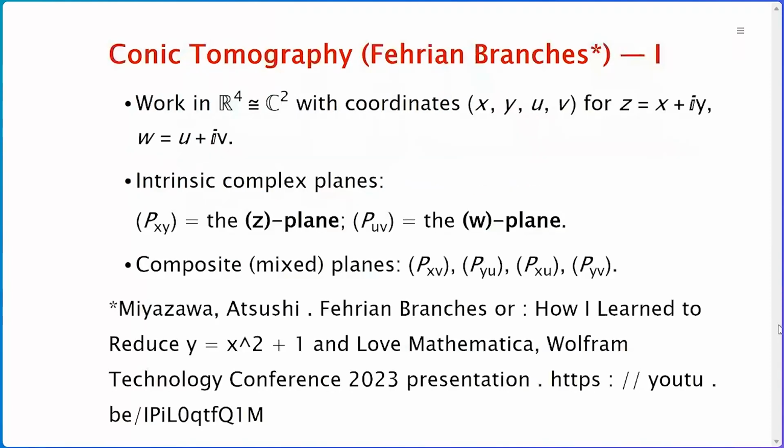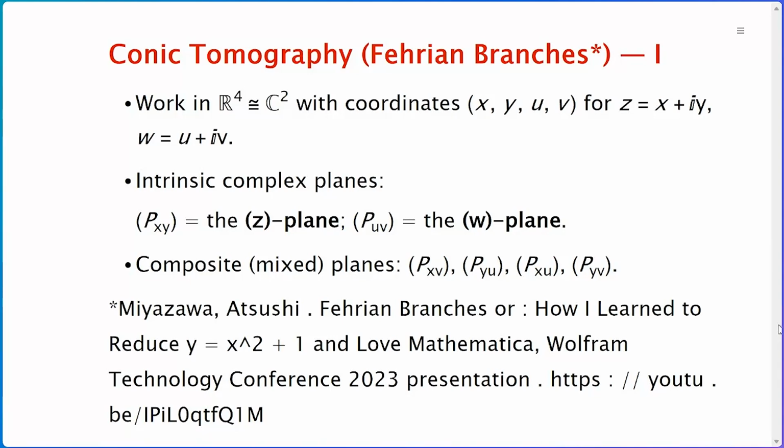So to visualize how real and complex views interleave, we use conic tomography. Work in R4, congruent to C2, with x, y, u, and v, or z equals x plus iy, w equals u plus iv.